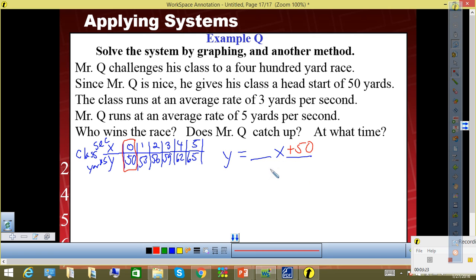Okay. What's missing in this equation, everyone? 3 right here. So our equation is y equals 3x plus 50. We got it? All right.